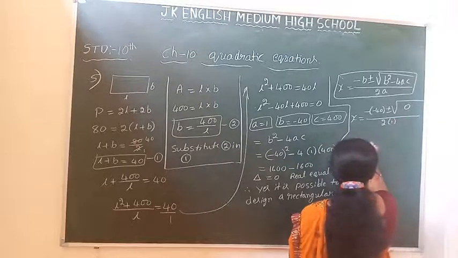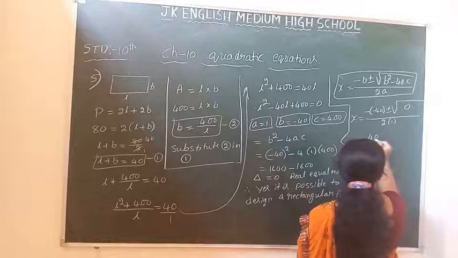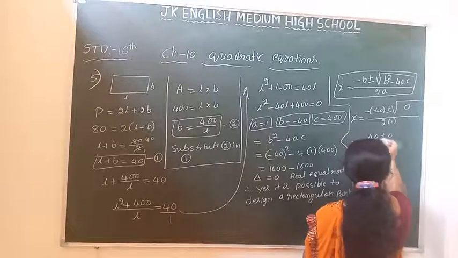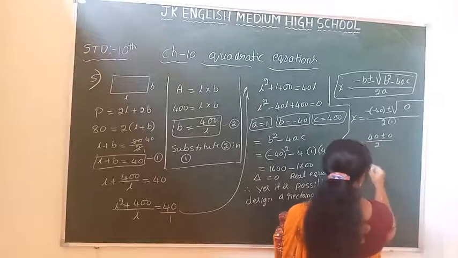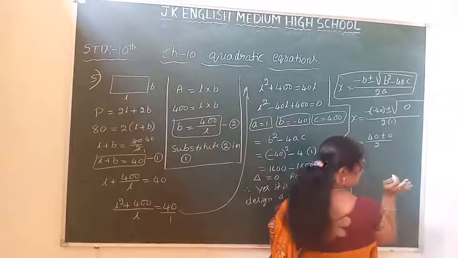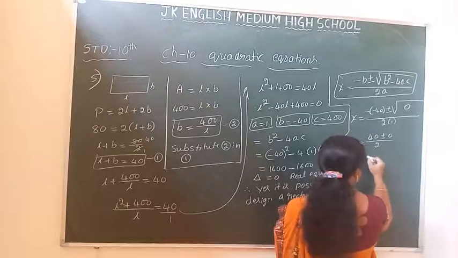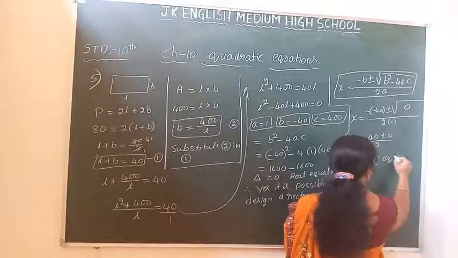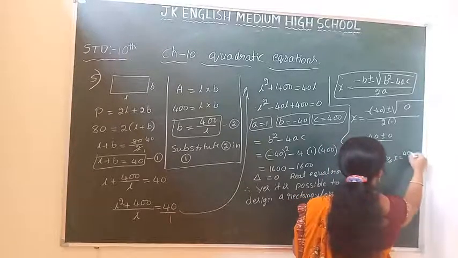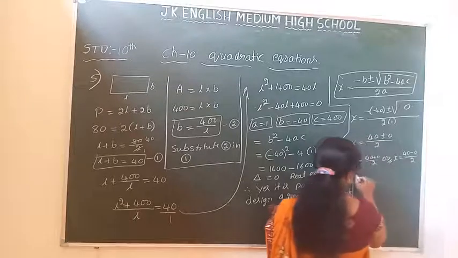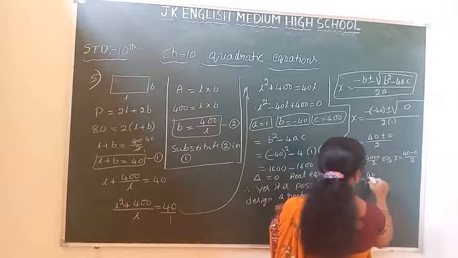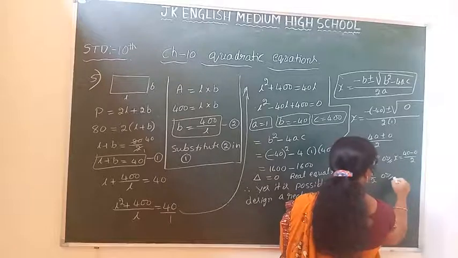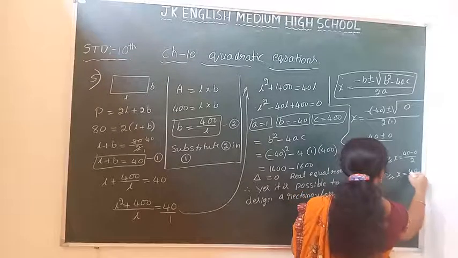Then x is equal to 40 plus or minus 0 divided by 2. Since there are two roots, we get equal roots: x is equal to 40 plus 0 divided by 2, or x is equal to 40 minus 0 divided by 2. So x is equal to 40 by 2.